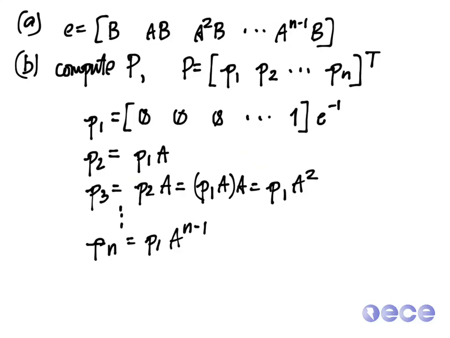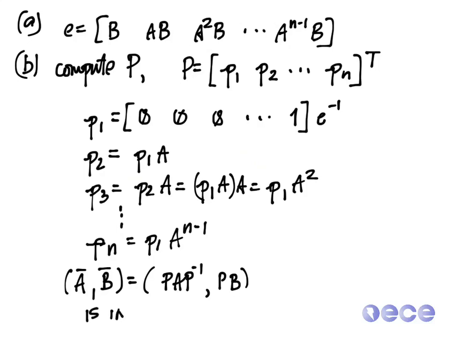So now we can say that A bar and B bar is equal to P A P inverse and P times B, and it is in controllable canonical form based on how P was constructed.